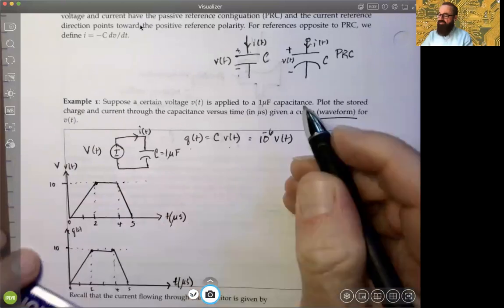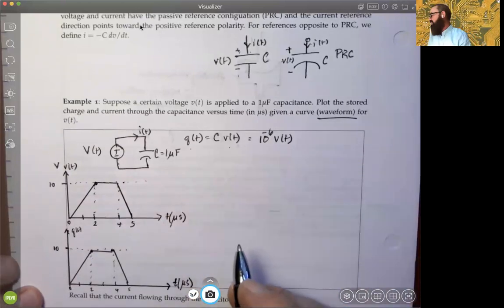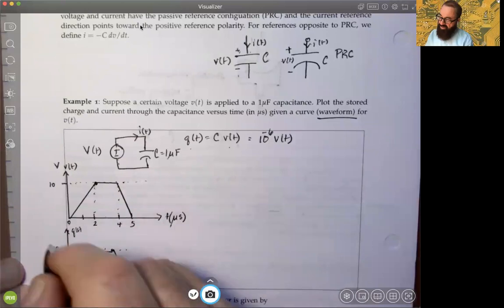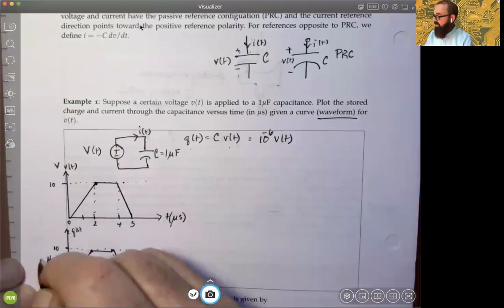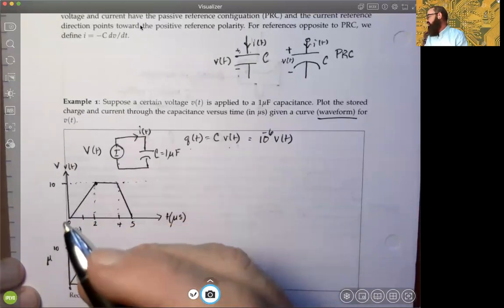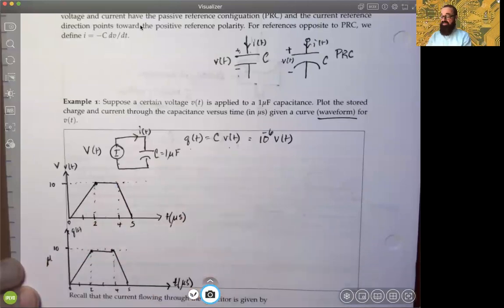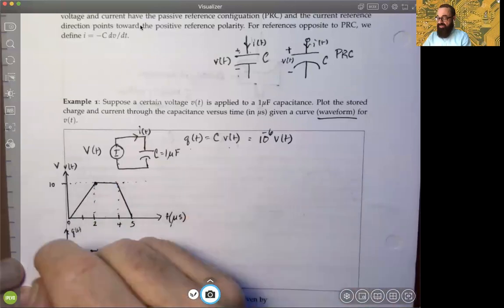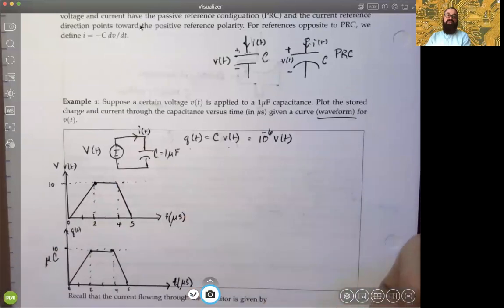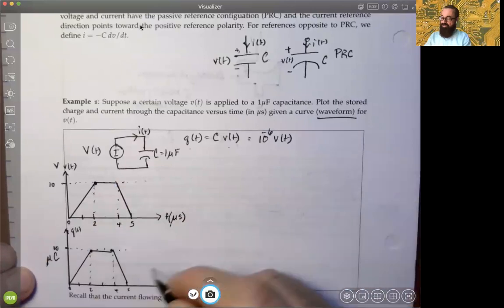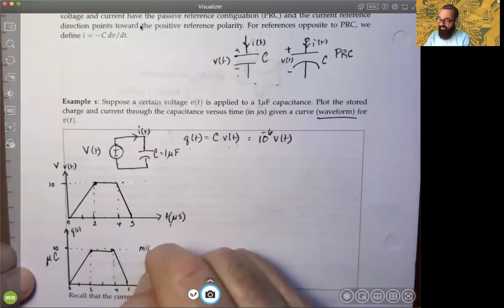But now you've multiplied by the capacitance, right? So this time the units over here are going to be, in other words, this is 10 to the minus 6, right? Coulombs, right? Not capacitance. I need to be careful here. This is coulombs, okay? So these are microcoulombs.